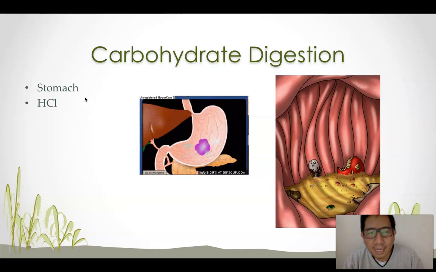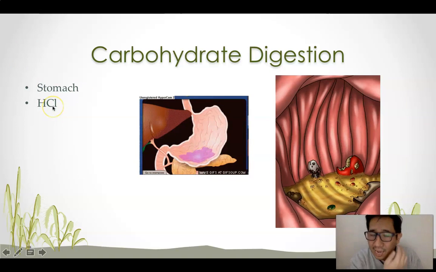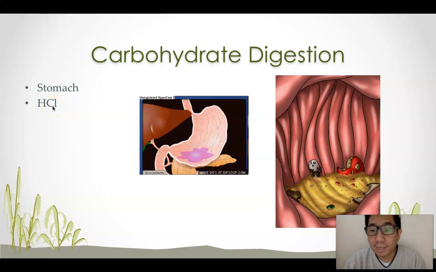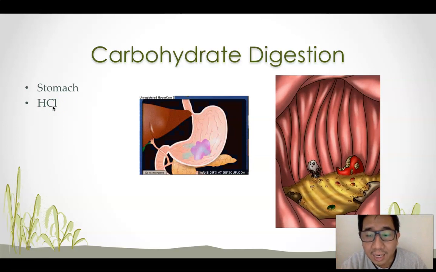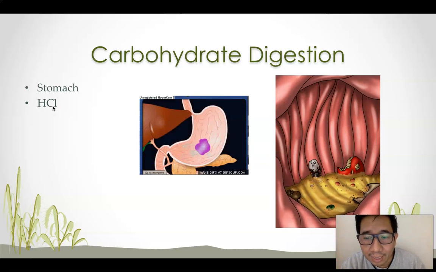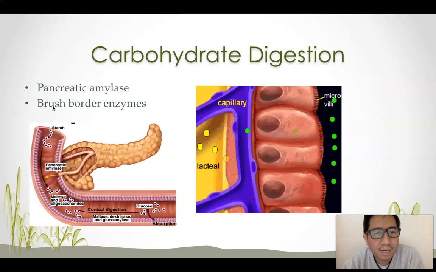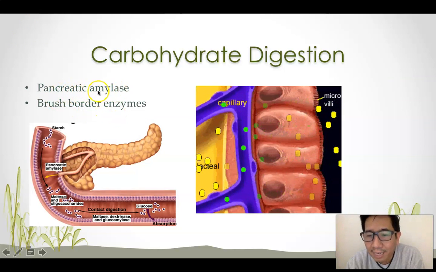Then it goes to your stomach, where your hydrochloric acid breaks down carb. You might want to pay attention to this, because this is part of your essay or short answer question. You need to be able to understand this and answer these. For digestion and absorption, you also have pancreatic amylase.